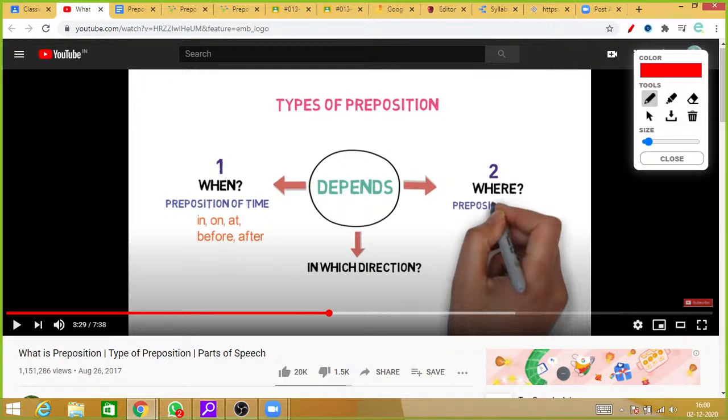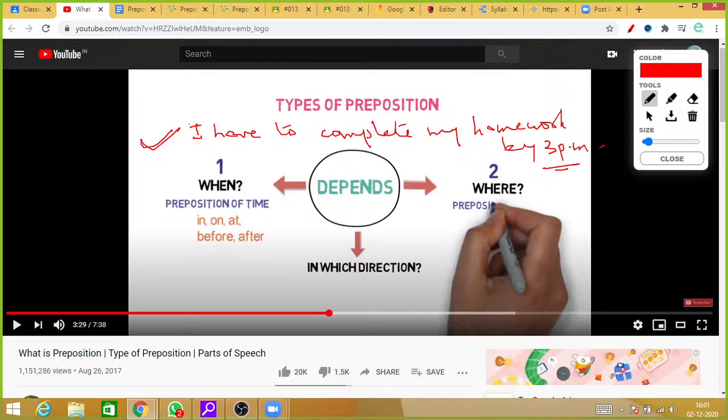If you have understood, then make a sentence. Everybody, try. If you are talking about homework, I have to complete my homework by 3 p.m. Okay? Okay, Rasik?